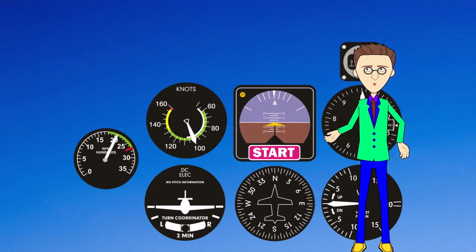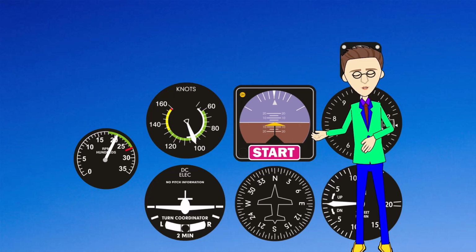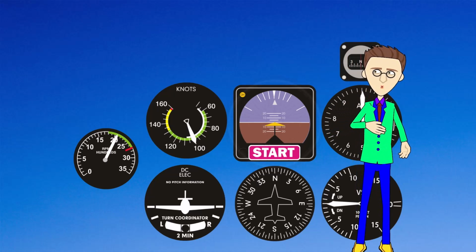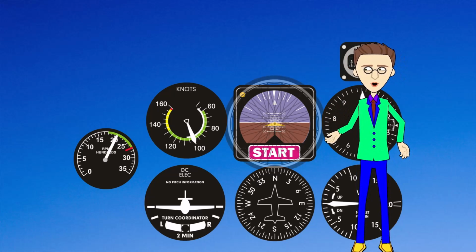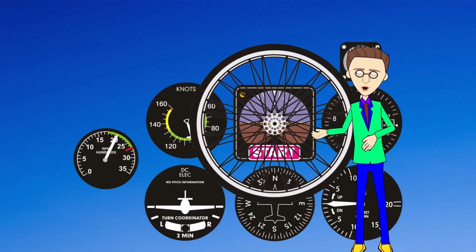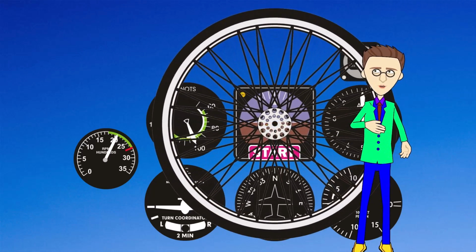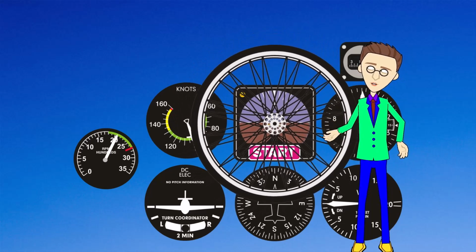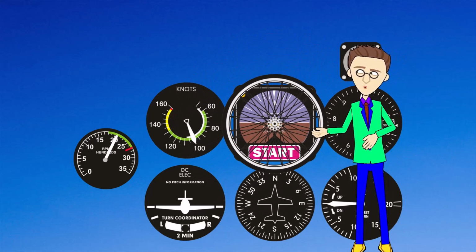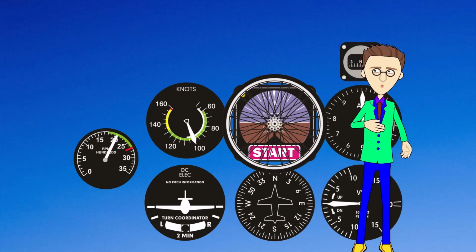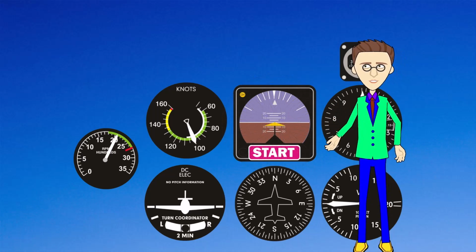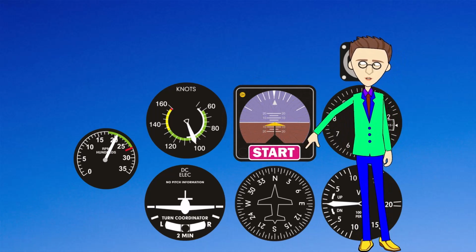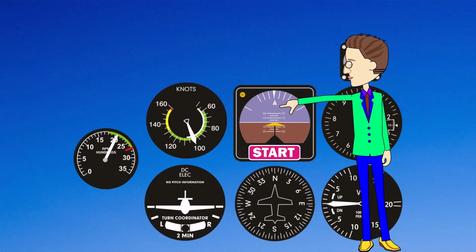This is called the radial scan because the visual scanning track is from the attitude indicator out to the primary instrument, then back to the attitude indicator, making what appears to be spokes radiating from the attitude indicator to all the primary instruments. The attitude indicator is marked start because this is where all attitude changes begin.